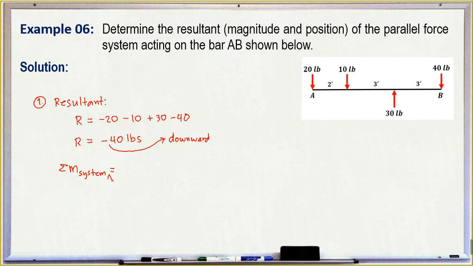So let's just assume A. Don't worry, by the end of this we will generate a generalization. So we take moments about A. The summation of moments with respect to A of these four forces can be equated to the resultant times its distance with respect to A.